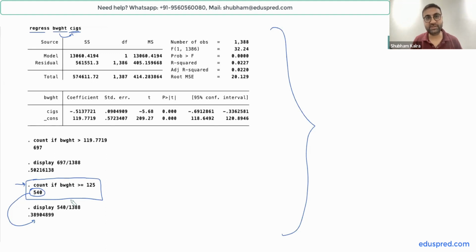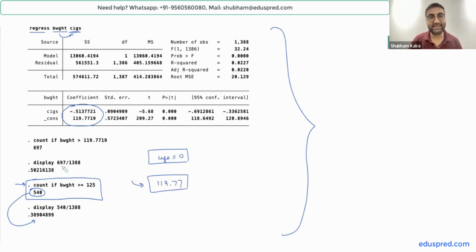The justification for the result that you are getting in question number 3 is that the model is not a very good fit. The model is a poor fit. The OLS estimates that you have got cannot be trusted. In fact, if you remember, the predicted birth weight when the number of cigarettes smoked per day was 0 was equal to 119.77. That was your intercept.